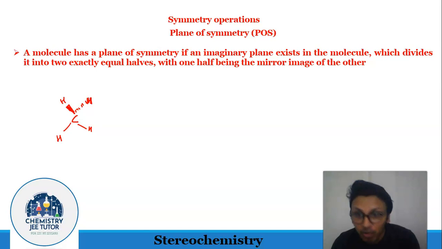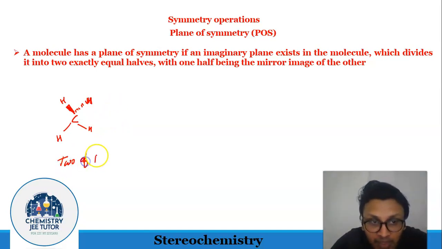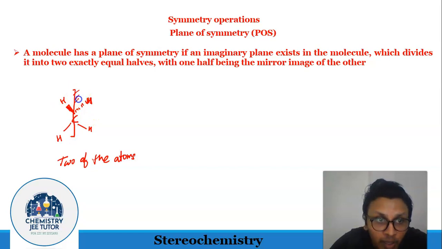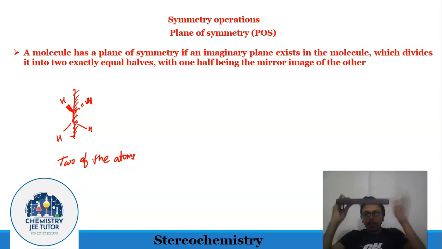Again, in tetrahedral molecules, this is another trick. Whenever 2 of the atoms are the same in a tetrahedral molecule, it will always have a plane of symmetry that passes through the out-of-plane atoms. Look carefully, don't forget this.